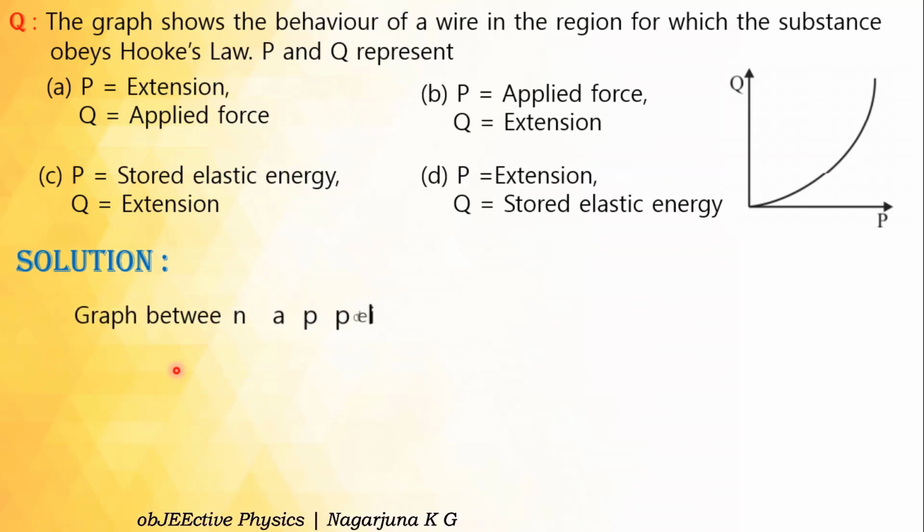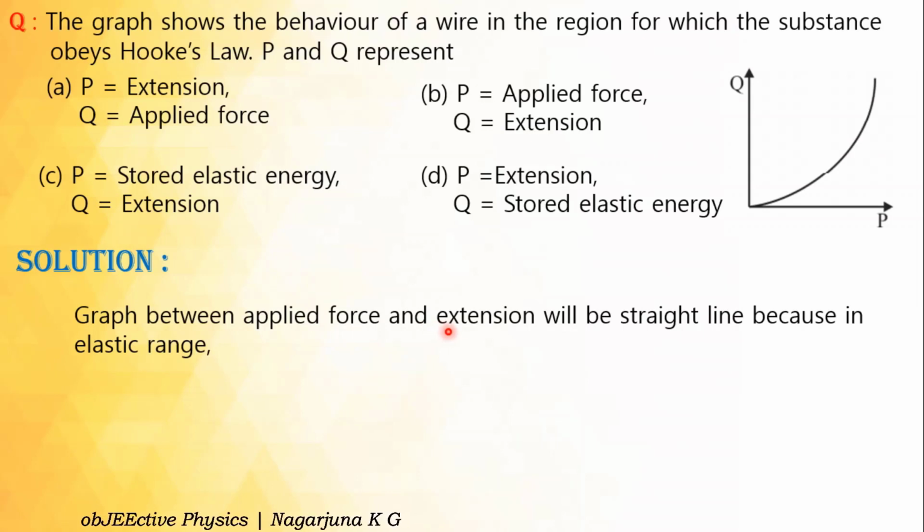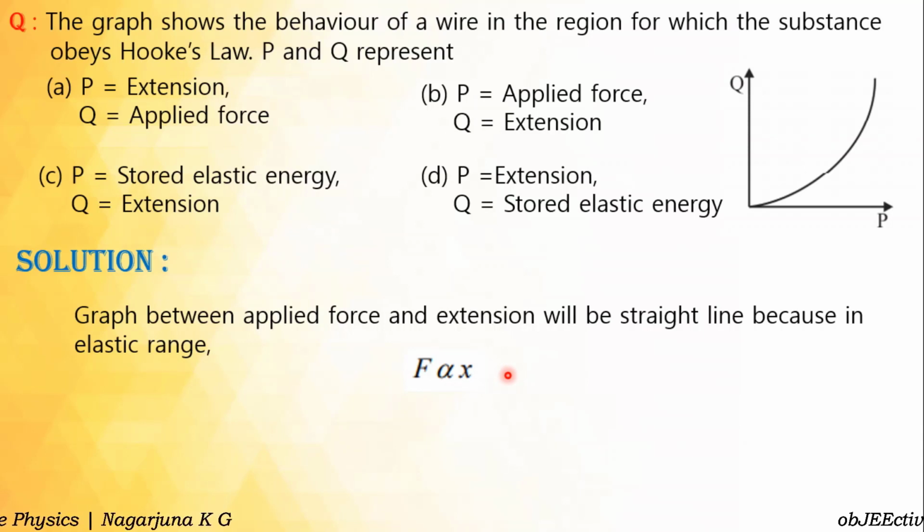Solution. Graph between applied force and extension will be a straight line because in the elastic range F is directly proportional to X. We know from the Young's modulus formula, Y is equal to FL divided by A into delta L. From that equation, we can get delta L or X here.